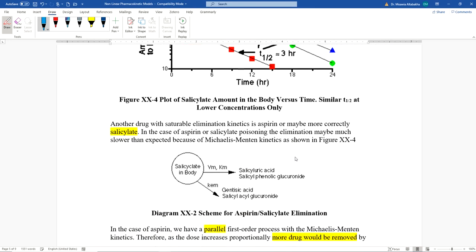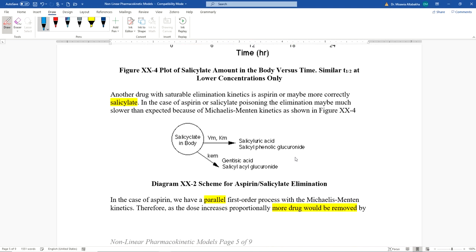Okay. Now we have another example besides phenytoin, which is salicylates. Salicylates are metabolized by parallel pathways.